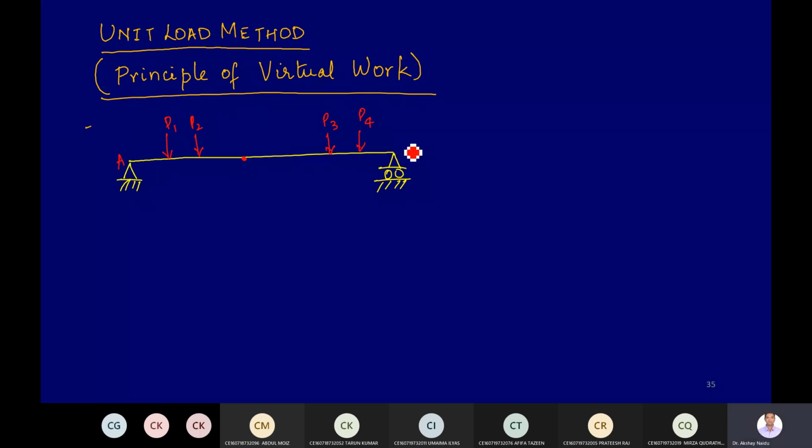Let's say this is point A, this is point B. These are points, but I need deflection at the point C.